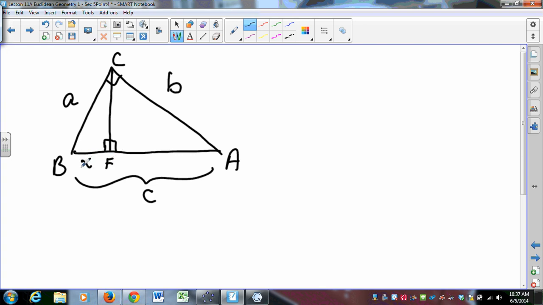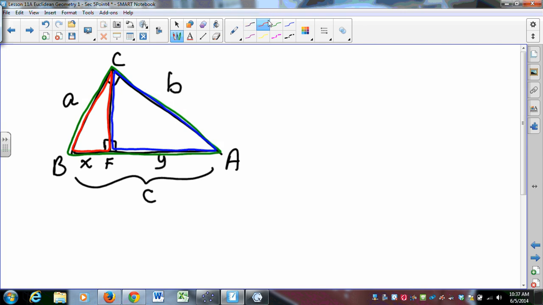And give these little lengths X and Y. If you will notice, there is one right triangle in the problem, but there are also two other right triangles in the diagram, and we will color code them for convenience. Those are three right triangles.